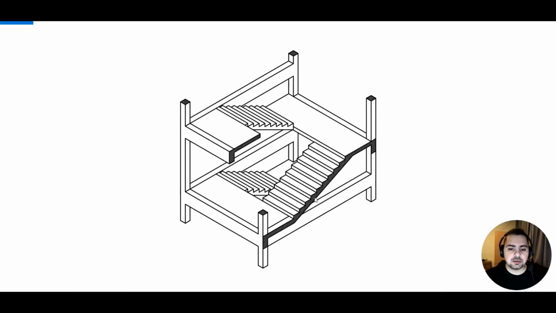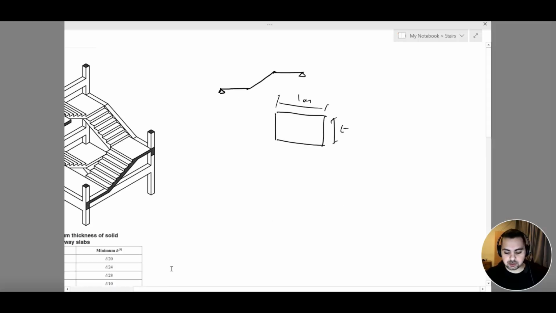Okay, now let's go through the structural components within our staircases. If we look at this image, we can see that we have a column, and we have a beam right behind the landing as well as here, and we have our slabs, which can be split into two parts: the landing slab and the flight slab. So let's write them here.